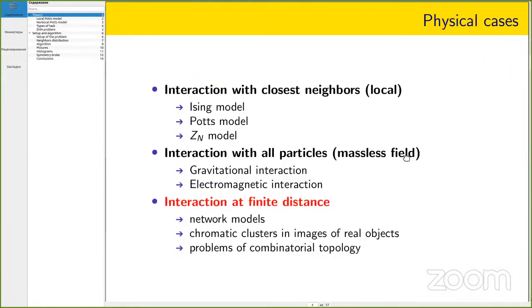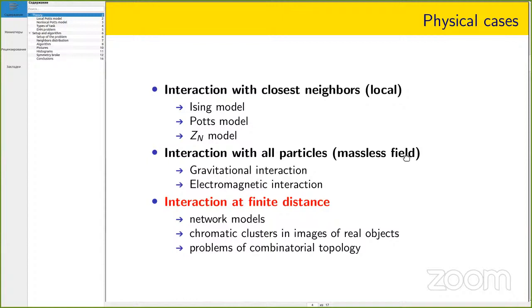Now let's look at some fields in which models can be implemented. So the two common ones are local interaction models. The examples are the Ising model, the Potts model, and so on.